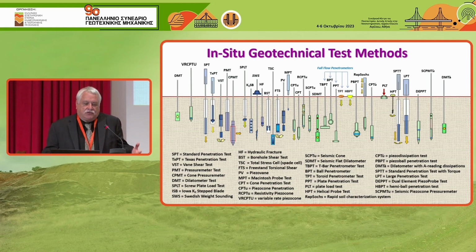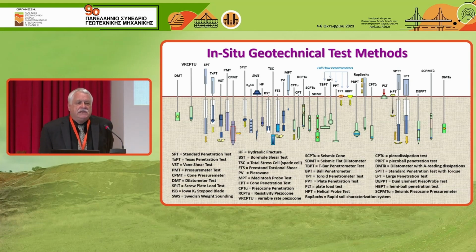And these are available for different purposes. Perhaps you want to measure K naught, shear strength. You'd like to measure the modulus of the ground. So you have to pick and choose which of these is going to work in the geology that you're exploring, which of these is going to give you the parameters that you need.